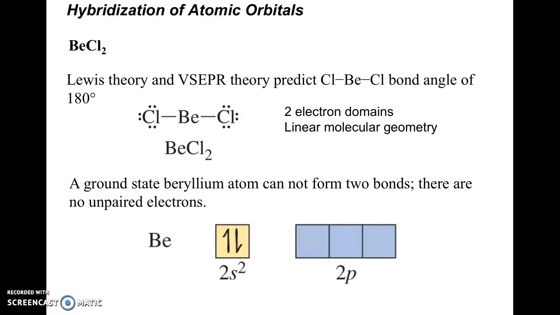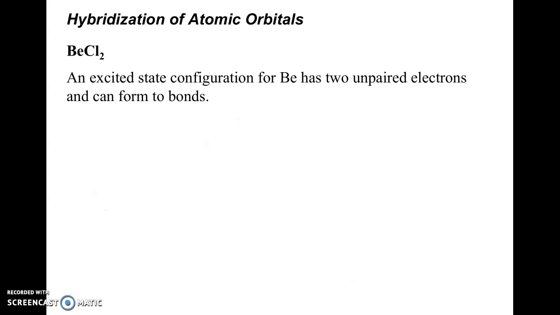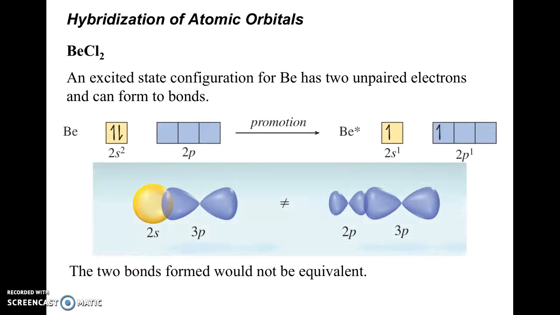So therefore, there are no unpaired electrons to form a bond. And so hybridization theory said that what had to happen was the beryllium had to go into an excited state and unpair those electrons so that bonds could be formed.